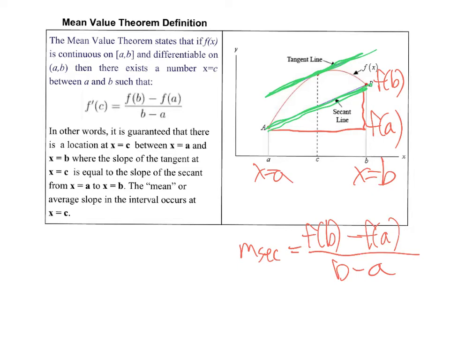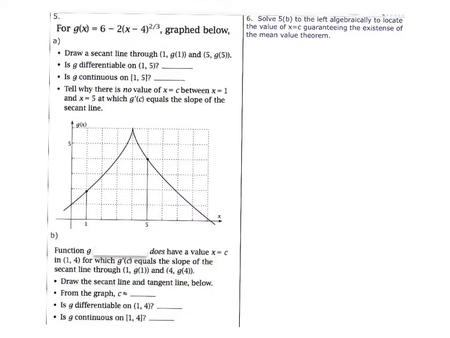When you put it all together, you say there's some derivative value at x equals c that is equal to the secant slope. And that right there, folks, is the mean value theorem definition. Tangent slope equals secant slope, but the function must be continuous and differentiable.